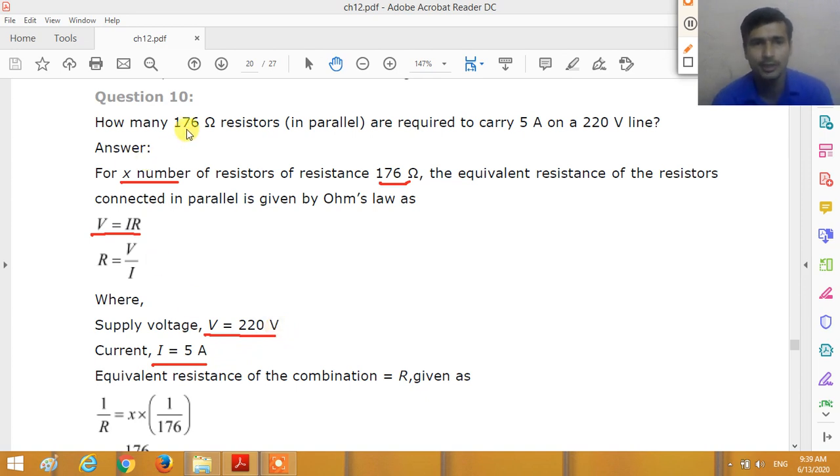So how many resistors of 176 ohm are connected in parallel? First we assume that x number of resistors are connected in parallel. So we first find the equivalent resistance of the circuit. The equivalent resistance we can calculate easily by V by I, where V is 220 volt and I is 5 ampere.